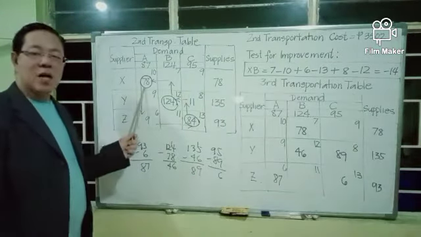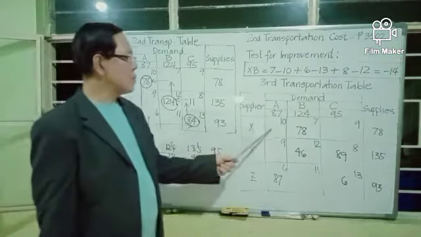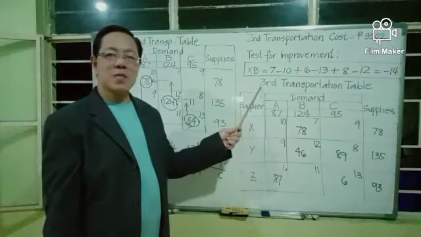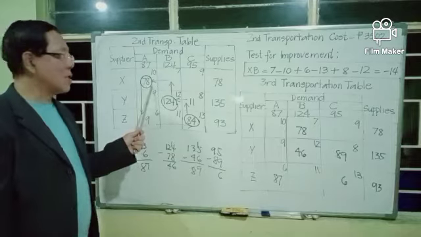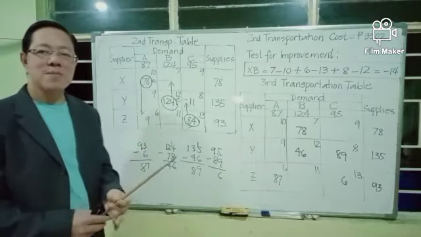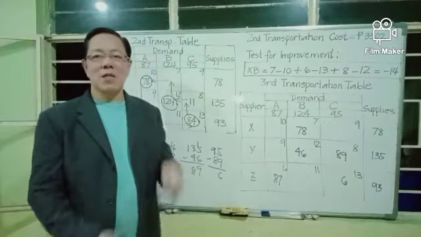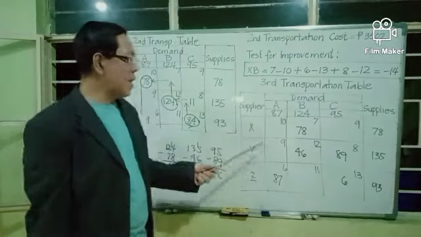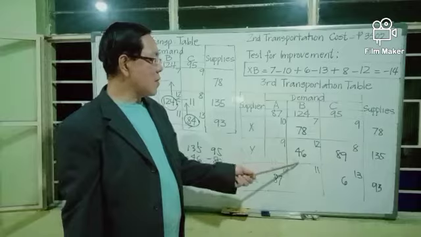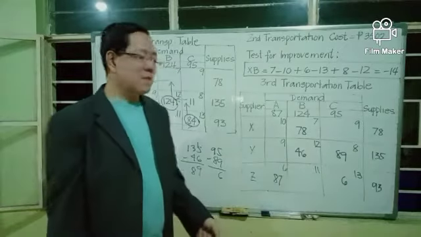And 78 now becomes 0 in the third transportation table because we move all of 78 units to the vacant cell XD. Now you check your third transportation table if you have written the correct number of units.